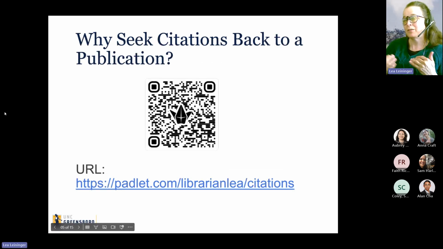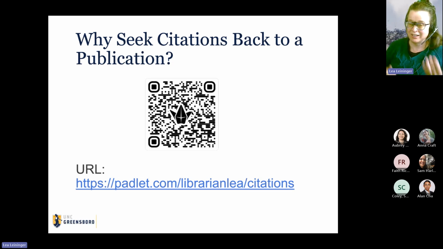So first thing first, why do we seek citations back to a publication? I am so pleased that we actually have a live studio audience today, and I think we probably have a pretty varied group of participants. So if you could do me a favor and follow the URL, or maybe Sam could repeat the Padlet URL that I put into the chat earlier. Yep, it's in the chat.